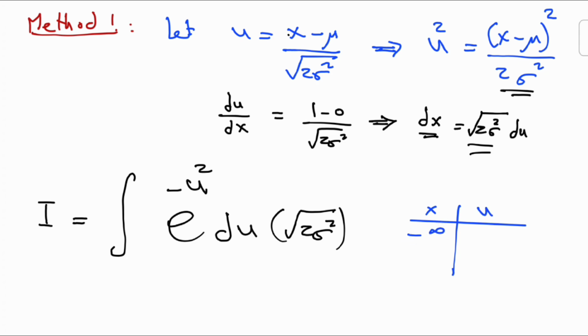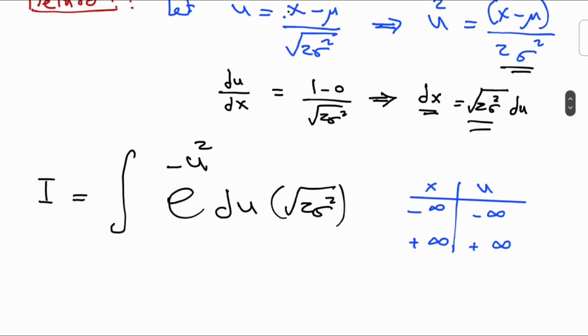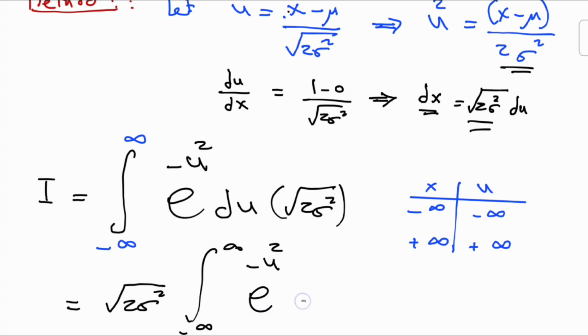When x is minus infinity, u also becomes minus infinity. When x is plus infinity, u goes to infinity. So they have the same limits, minus infinity to infinity. So we have at the end root 2 sigma square times the integral from minus infinity to infinity of e to the minus u square du.